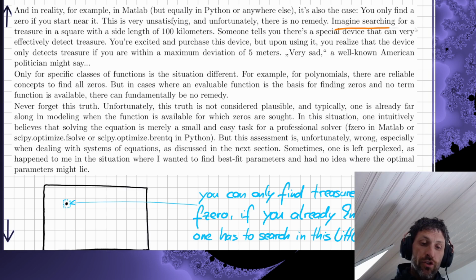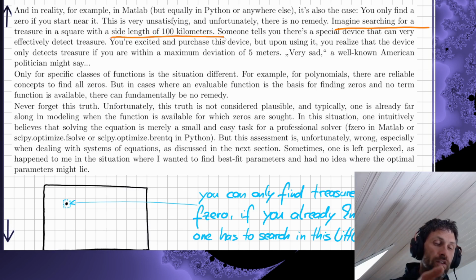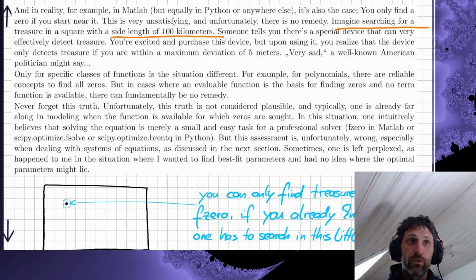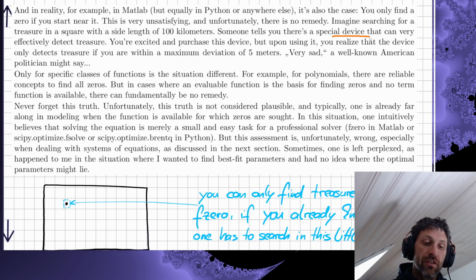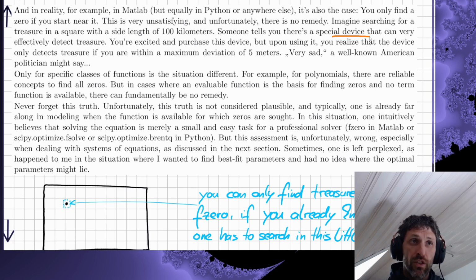Imagine you are searching for a treasure which is worth $20 million, and you know there is one in a square with side length 100 kilometers. And someone tells you that there's a specific device, in our case the algorithms we talked about, which helps you with that task.